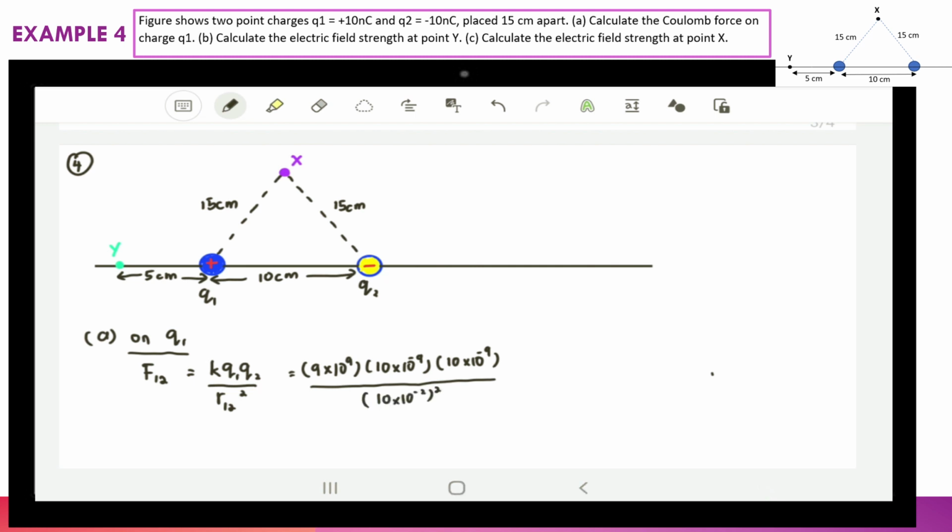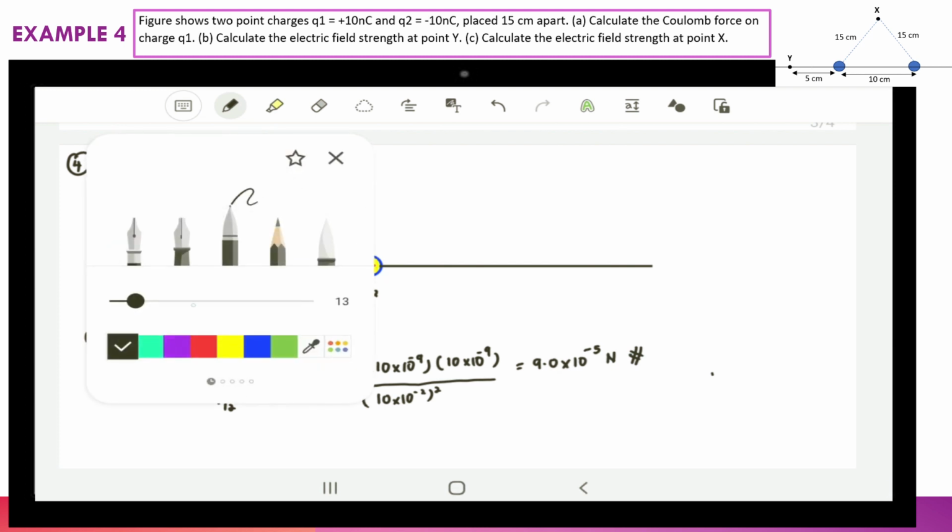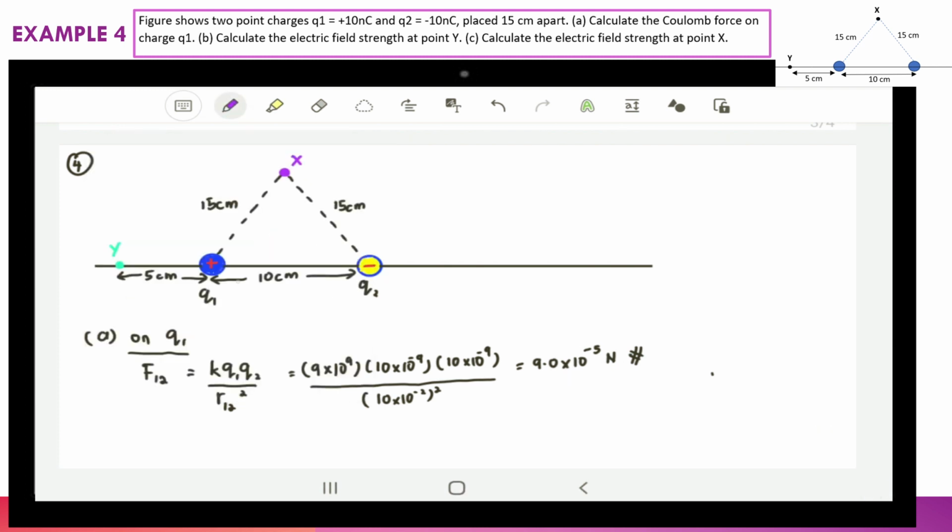Okay, so the magnitude of the electrostatic force on charge 1 due to charge 2 is equal to 9.0 times 10 power of negative 5 Newton. Okay, so this is the magnitude. And how about the direction? So on Q1 means that positive, negative.